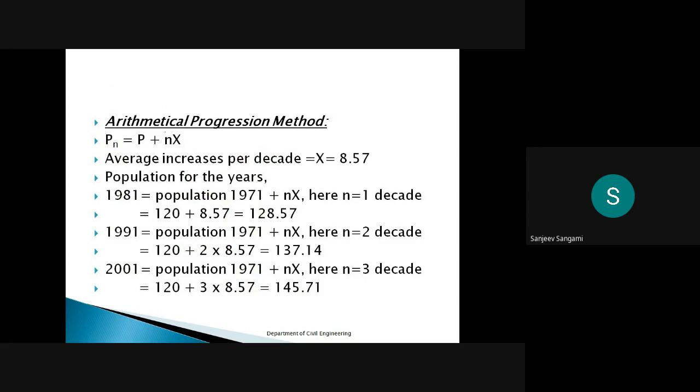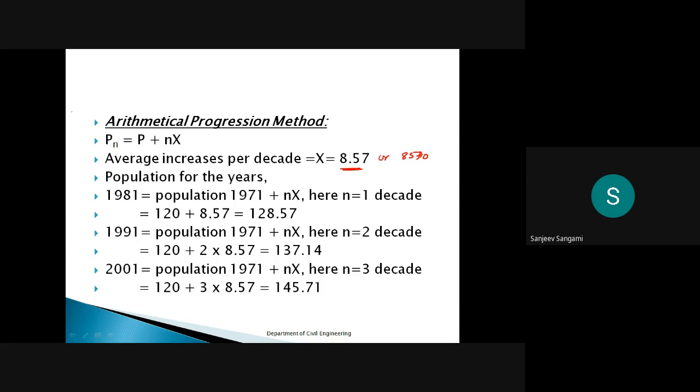See, very important here, when you are calculating the arithmetic progression method, x is equivalent to 8570 if you are substituting the population in terms of numbers. Suppose if you are calculating the population in terms of thousands, then it will be 8.57.